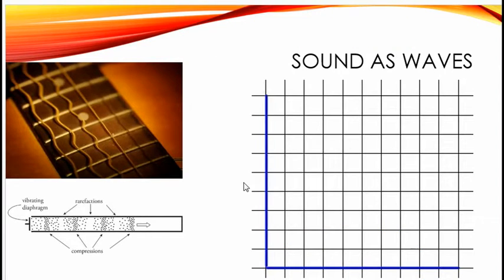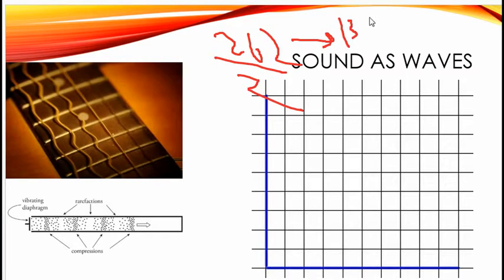But if we want to go 1 octave lower than that, we can go from our 262 and we would cut that in half to get 131. So the 131 hertz is 1 octave below the 262, which is the middle C that we started with. So basically what we're doing is doubling or halving the frequency each time as we want to go up or down 1 octave.